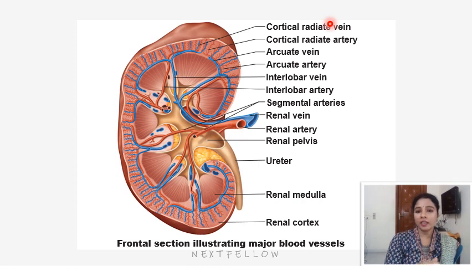It creates an avascular line, which is called Brodel's white line, between the anterior and posterior segments. So between the anterior segments and the posterior segment, the avascular plane created because of the arterial supply is called Brodel's white line, seen in longitudinal section through the kidney.